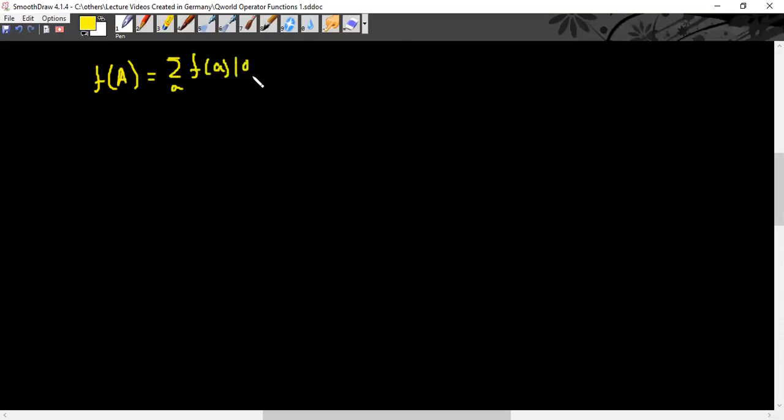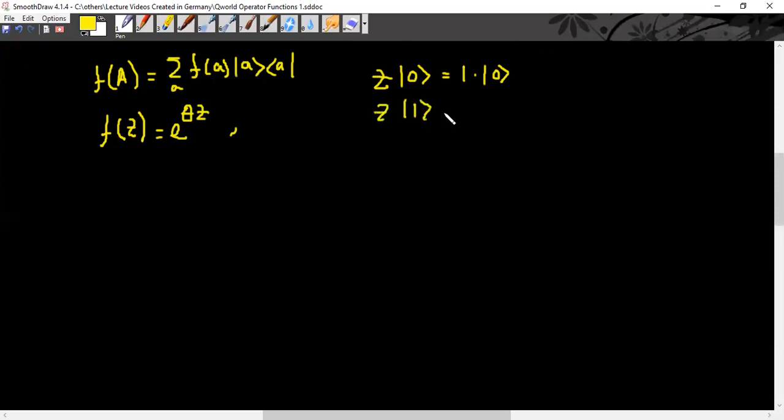And now we are going to find the function of Z, which is e to the power theta Z. At first, we know that the eigenvalue for ket 0 is 1, and the eigenvalue for ket 1 is minus 1, right?